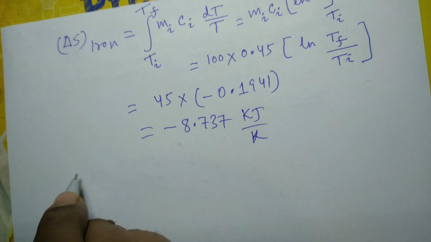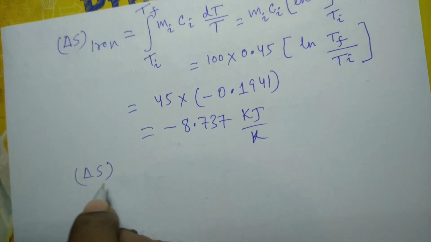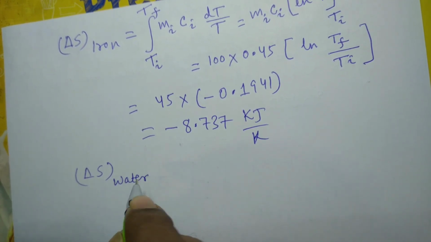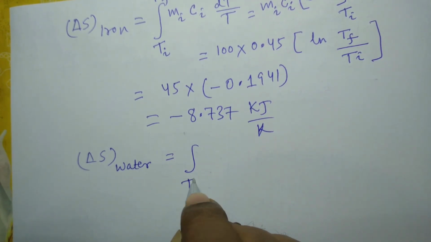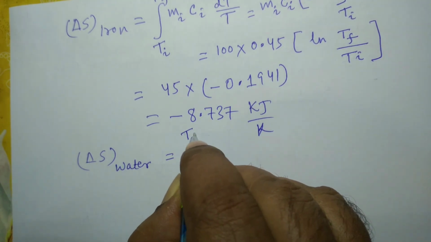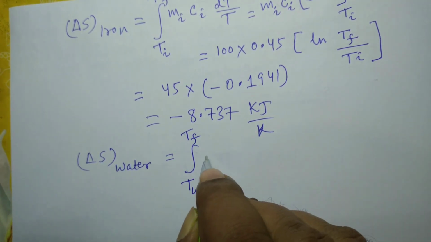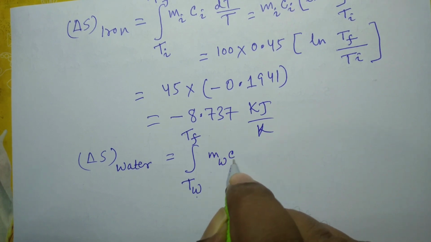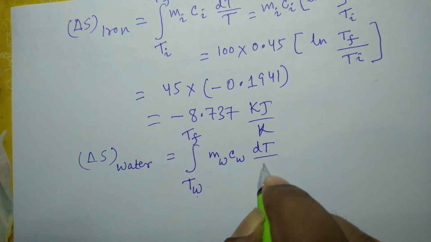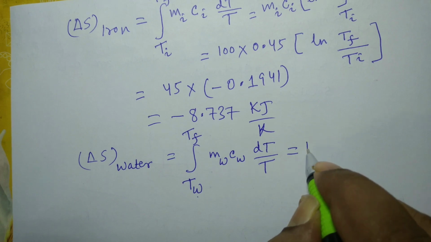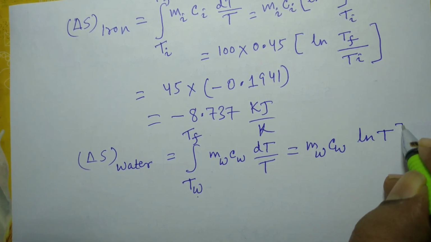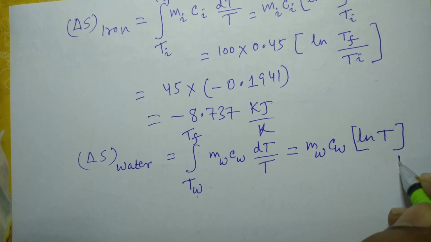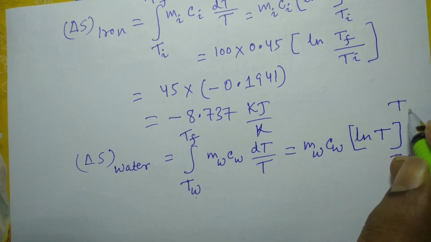Similarly, delta S of water is equal to integral of MW CW dT upon T. TW is the initial temperature of water, suppose, and TF is the same final equilibrium temperature. So this is equal to MW CW ln of T, limit from TW to TF.